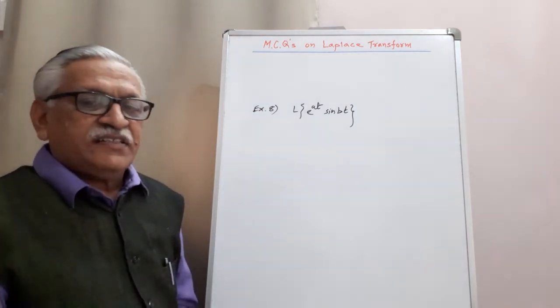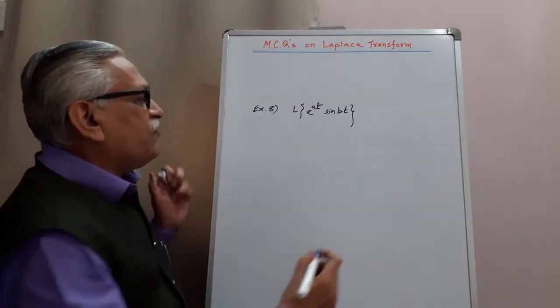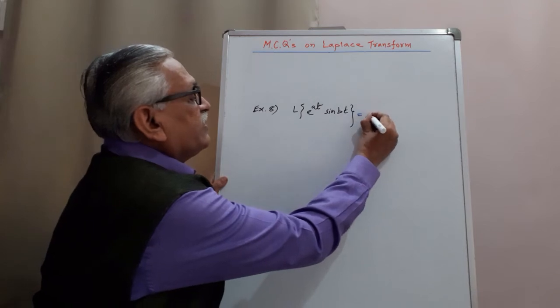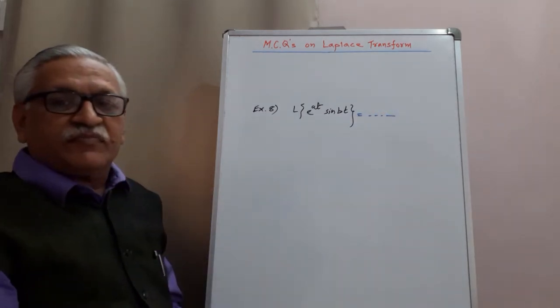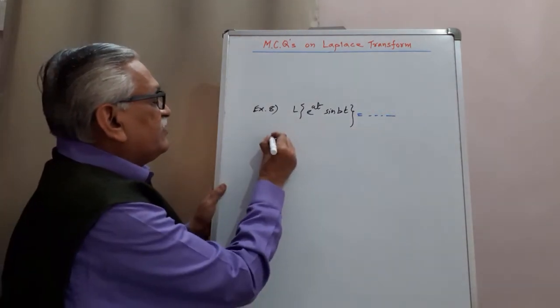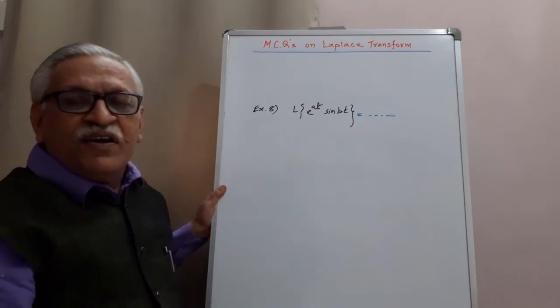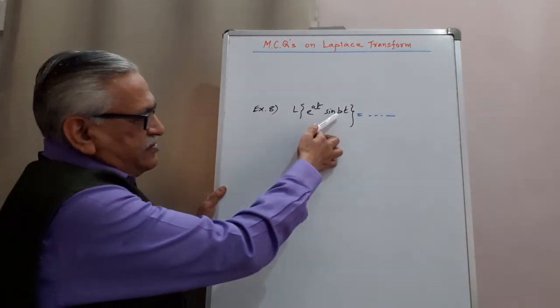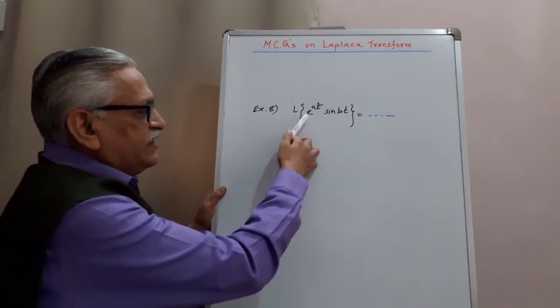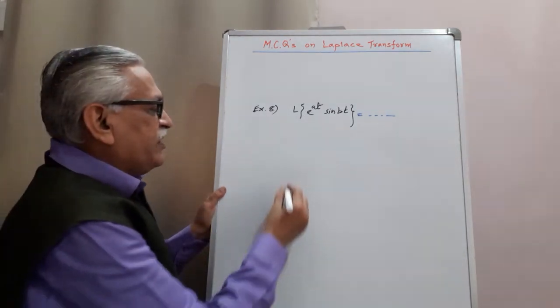Example number 8, find Laplace of e raised to at into sine of bt. Here it is a problem of the first shifting theorem, as the function f of t is multiplied by e raised to at.